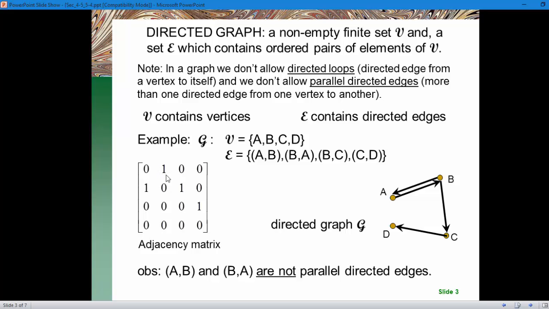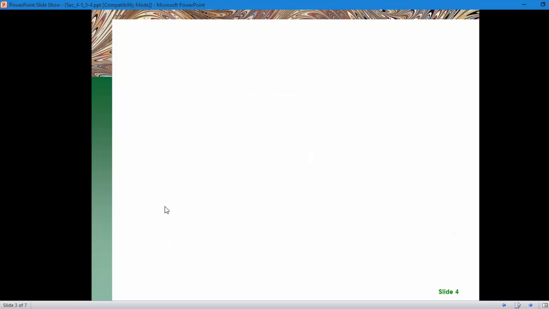And this entry here, number 1, represents the edge from A to B. And this one represents the edge from B to A. Notice that this edge here is an edge from B to C, which is right here, but there are no edges from C to B, which is indicated by this number 0.